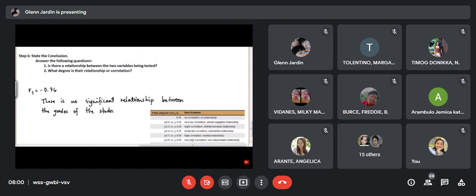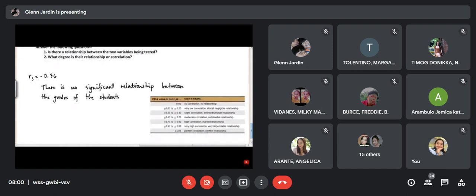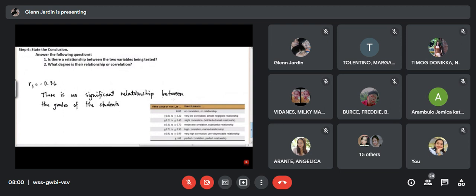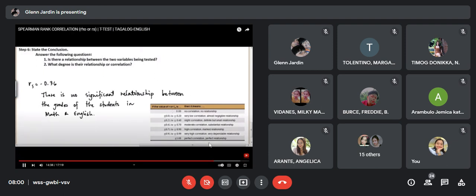So, ito guys, naka-sentence, kayo nang bahala kung paano nyo isusulat or paano nyo sasagutin yung mga question. So, there is no significant relationship between the grades of the students in math and English. Ibig sabihin, walang kinalaman yung grades nila sa math doon sa English. Okay? So, yan yung ating conclusion.